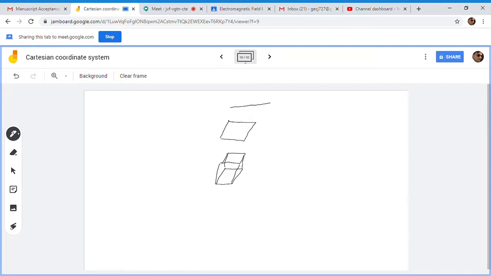So what is the difference in these three? This is a single dimension quantity, 1D. There is only one dimension on which you can move, either here or here.